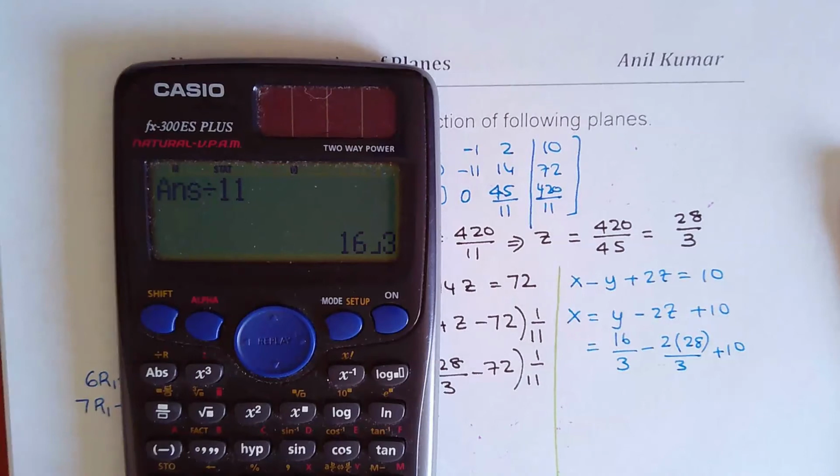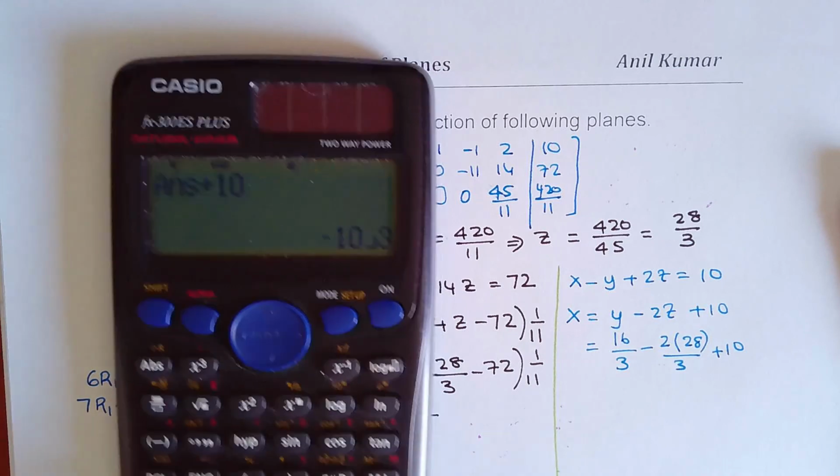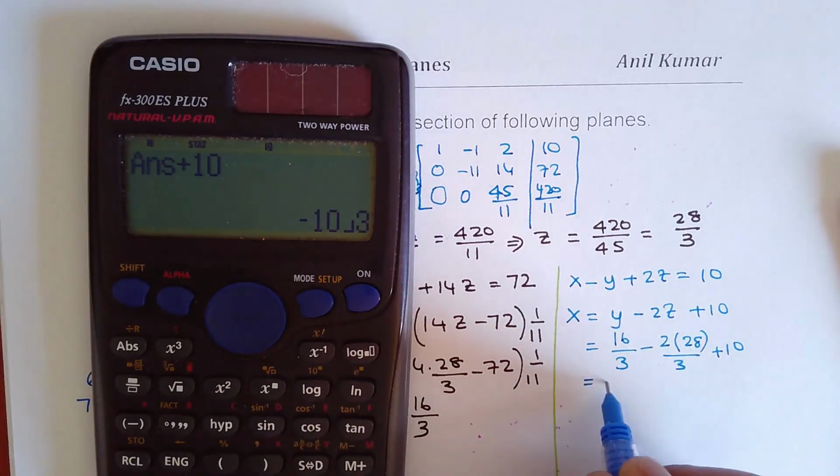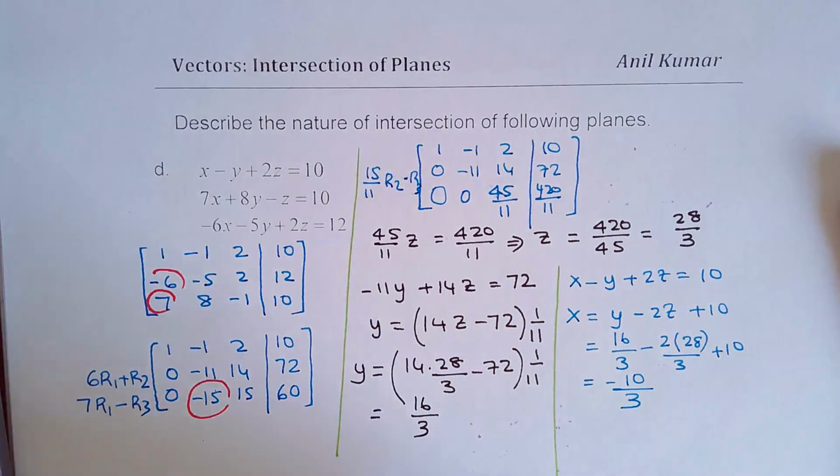So we have 16 divided by 3 minus 2 times 28 divided by 3 plus 10 equals, in fractions, minus 10 over 3. So we do get a point of intersection as our answer.